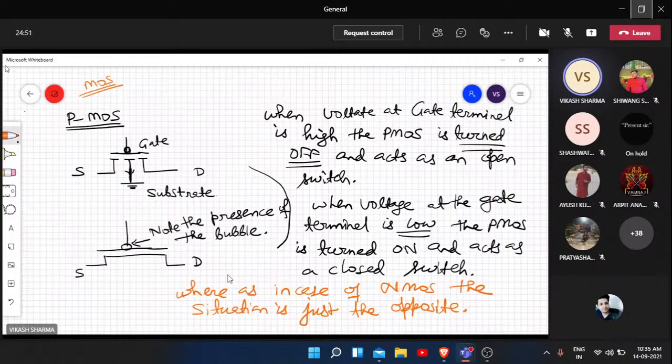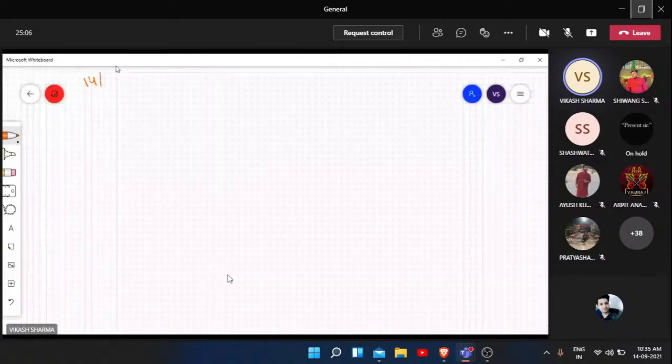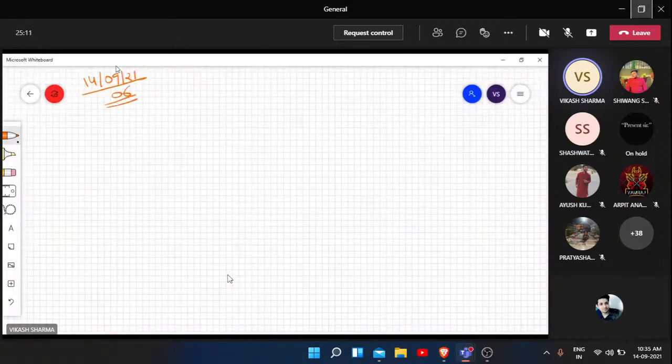So let us summarize it again. This is the fifth slide. I will try to save it once the network is okay. We are facing some network issue for the past couple of days. Summary of PMOS and NMOS. What is the summary?